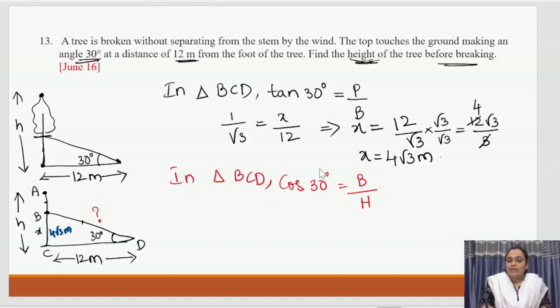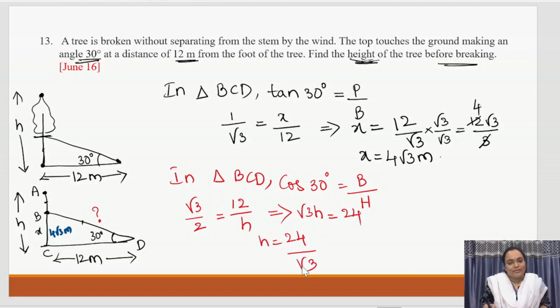So cos 30 is root 3 by 2, which equals 12 divided by h. You will get root 3 h equals 2 into 12, which is 24. So h equals 24 divided by root 3.